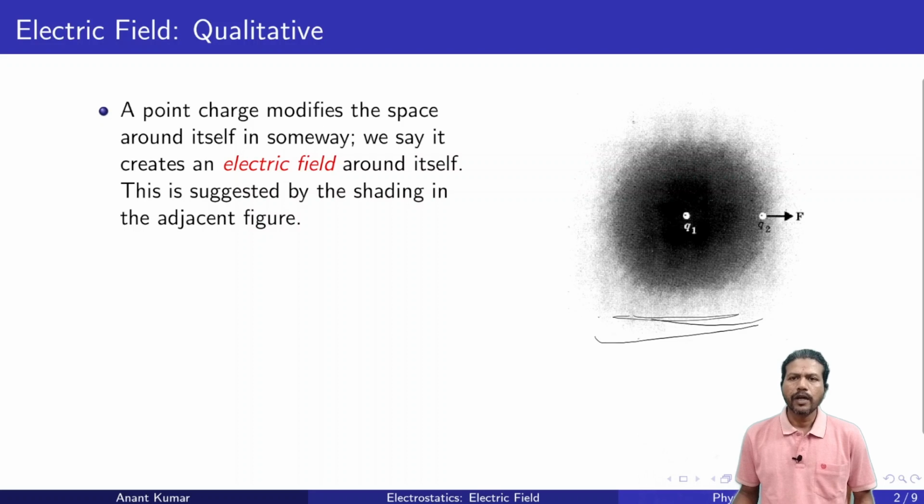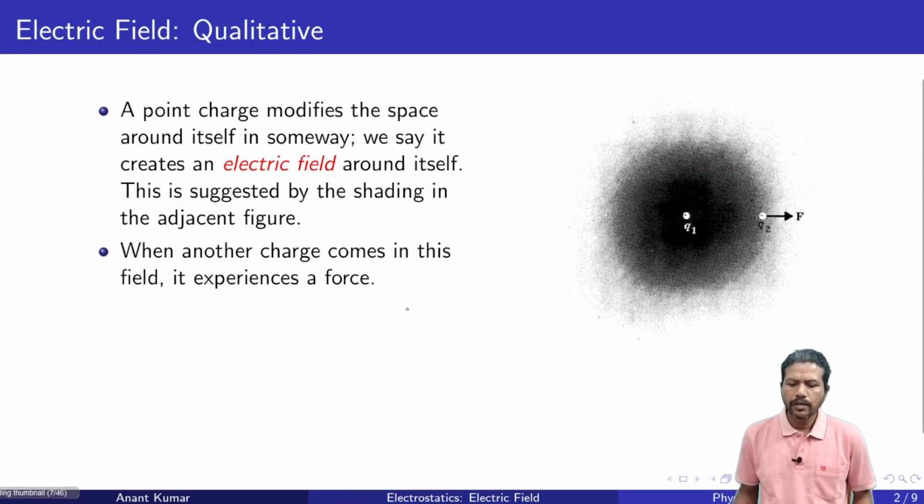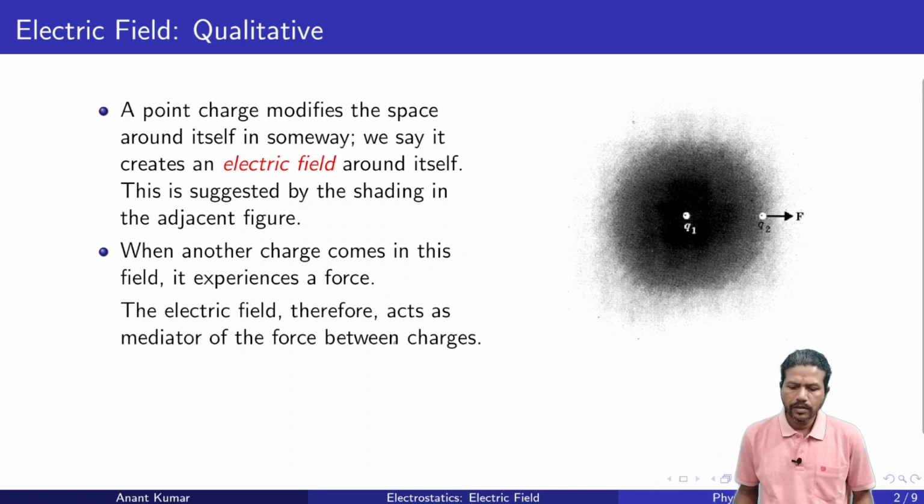And when another charge, in this case Q2, comes into that region, or comes into the field, then there is a force which it experiences. So in this sense, the electric field is just acting like a mediator of the force between the charges.